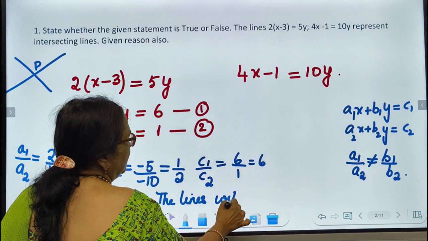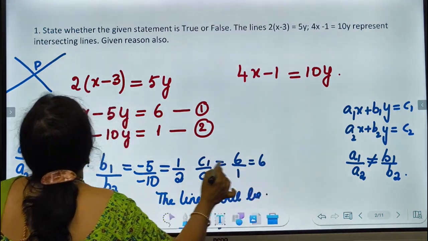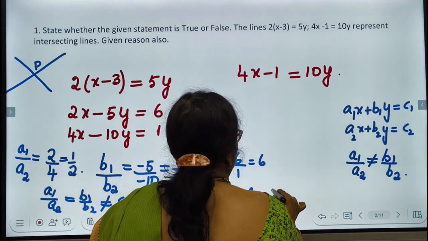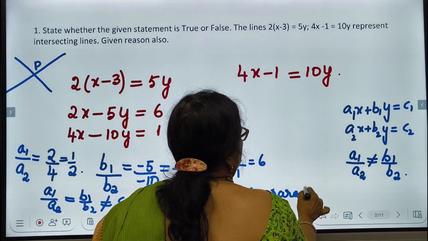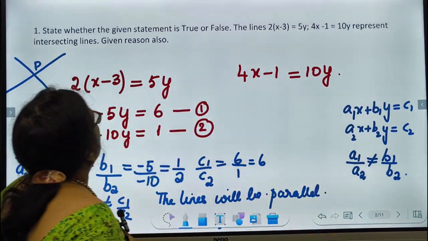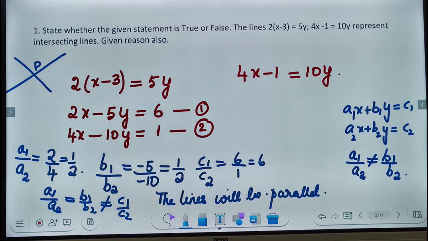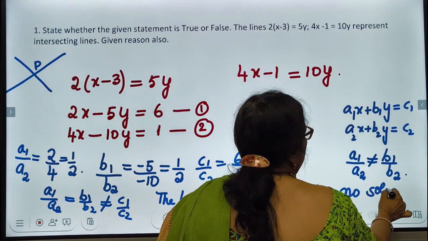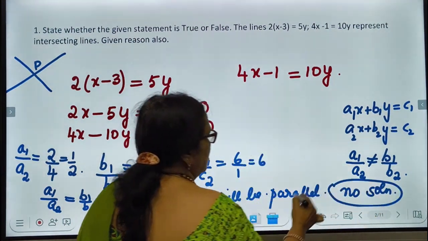The lines will be parallel. If they are parallel, do you think that they will have a solution? They will have no solution. The equations will have no solution.